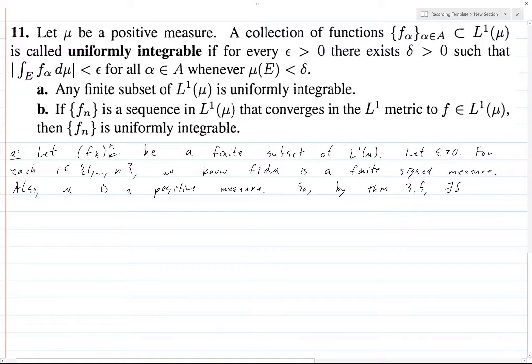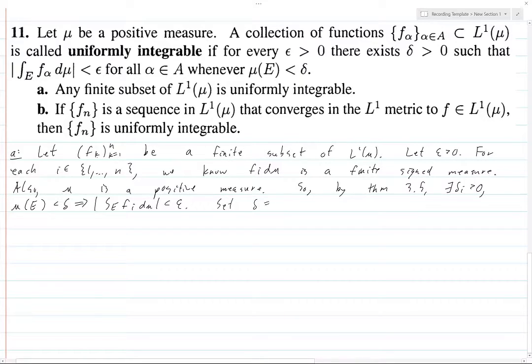So then there exists a delta_i greater than 0 such that if the measure of the set E is less than delta_i, then the absolute value of the integral over E of f_i d mu is less than epsilon.